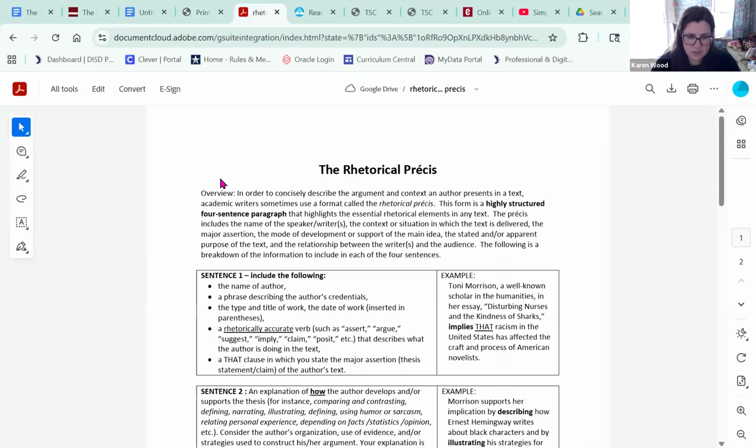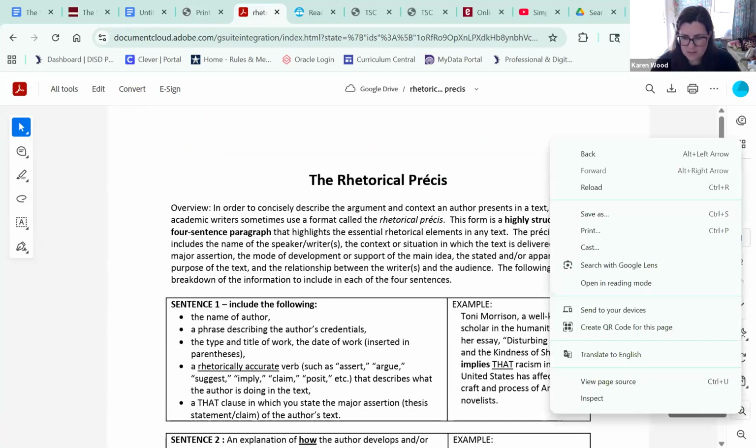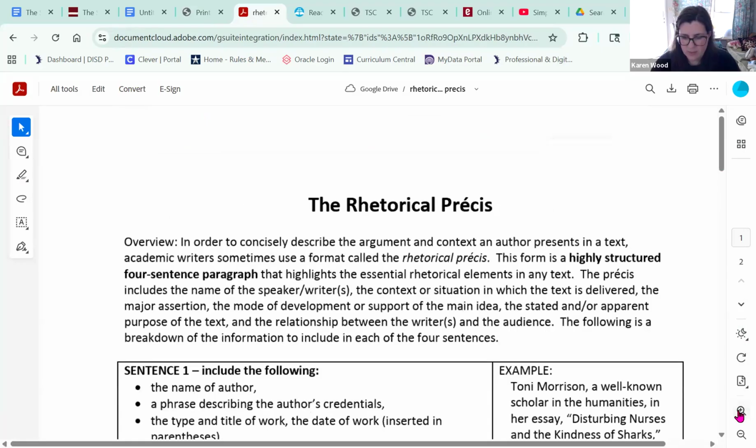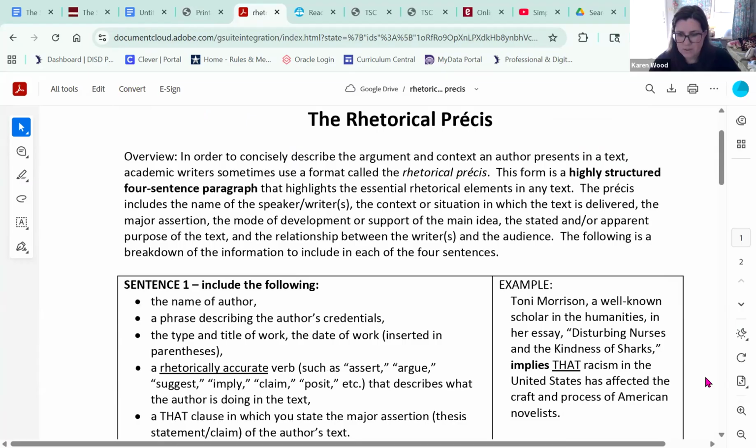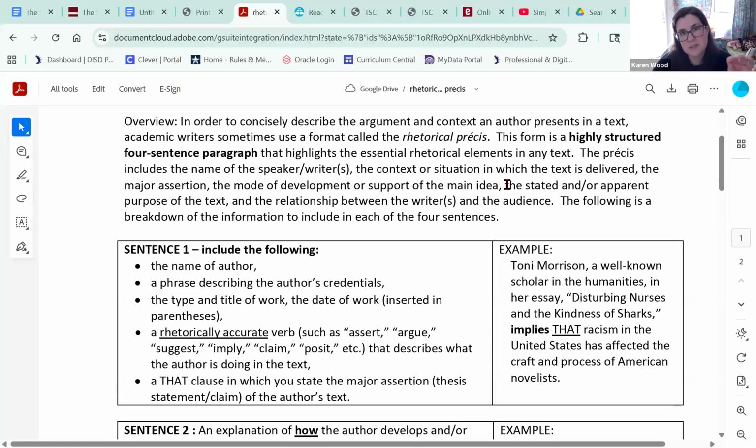I want to show you something called a rhetorical précis. This is something that is going to help us make sure that we have the argument summarized correctly and we have all the pieces that we need. Now, a rhetorical précis is a specific paragraph with a very specific format, okay?